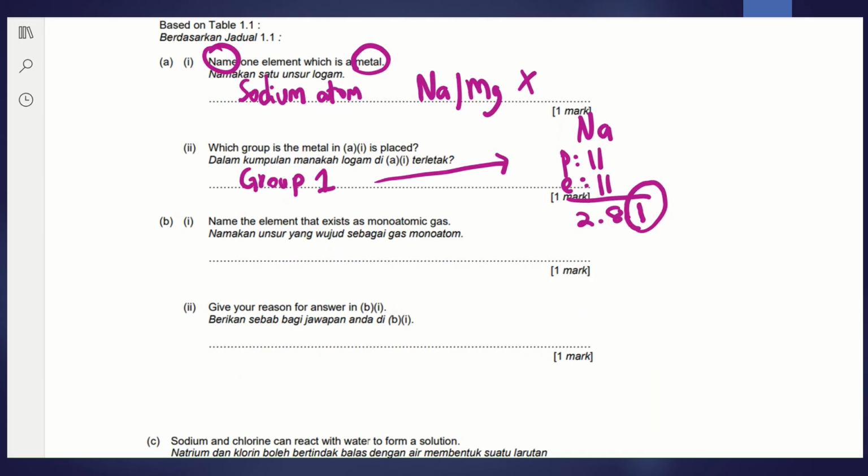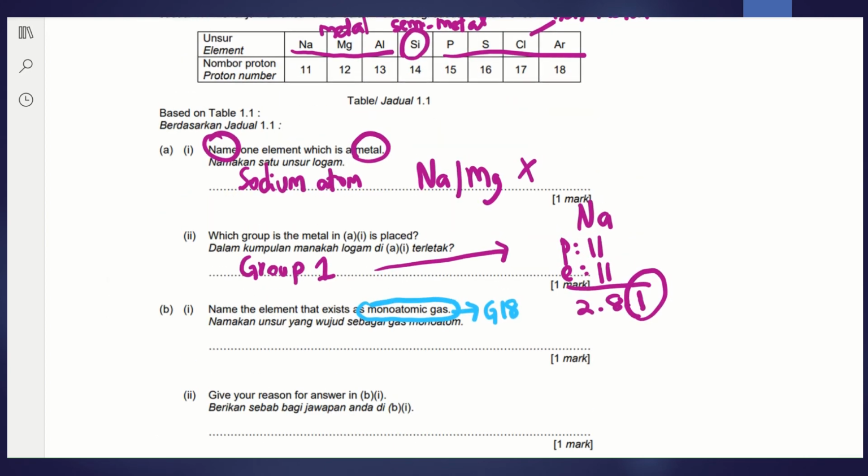Name the element that exists as a monoatomic gas. We discussed this before in the Penang trial set, monoatomic and diatomic. Monoatomic refers to elements in group 18. From the table, argon is the element that exists in group 18. So name the element, argon.